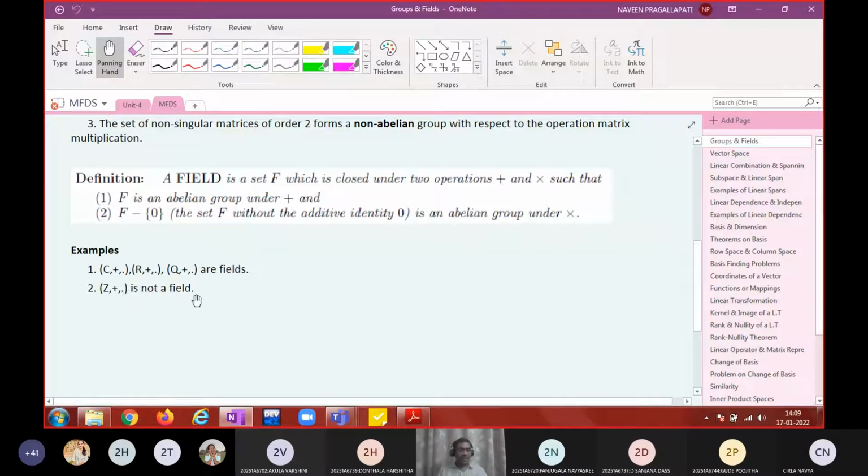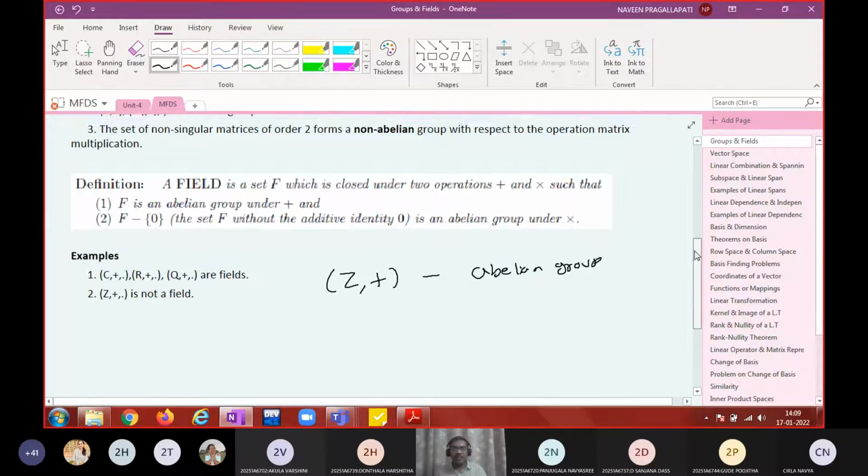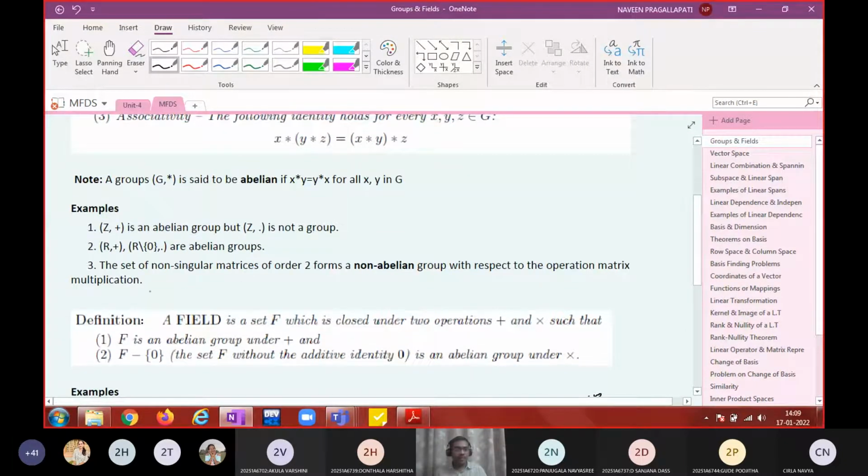Whereas you can see the set of integers with respect to addition and multiplication of integers is not a field. Why? Because Z comma plus, with respect to the first operation, is an abelian group, as we discussed here.